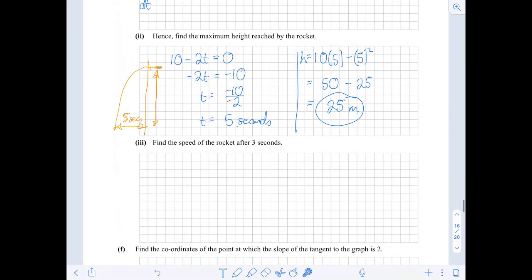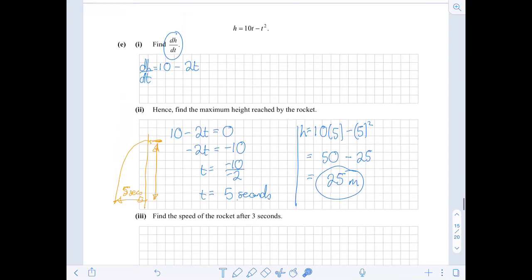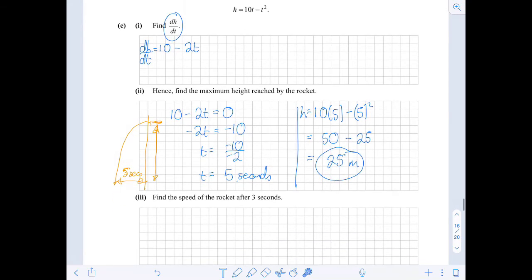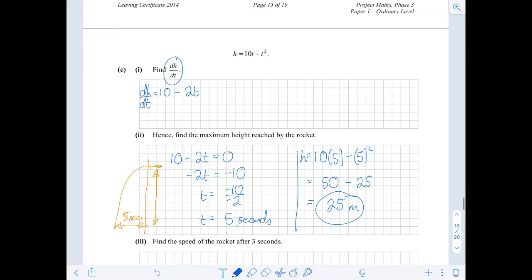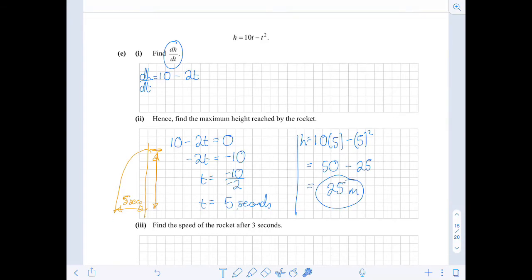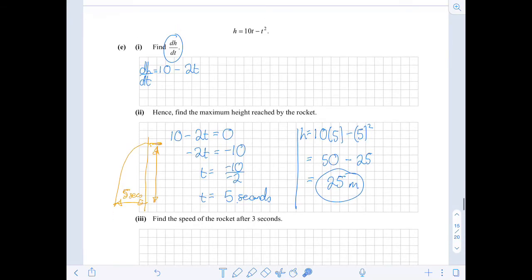Find the speed of the rocket after 3 seconds. Okay, now this thing here is a formula for distance. So how do I go from a formula for distance to a formula for speed? What do I have to do to it? Good, so I'm going to have to differentiate this guy. So I differentiate that, which is this thing here, and that's a formula for speed.